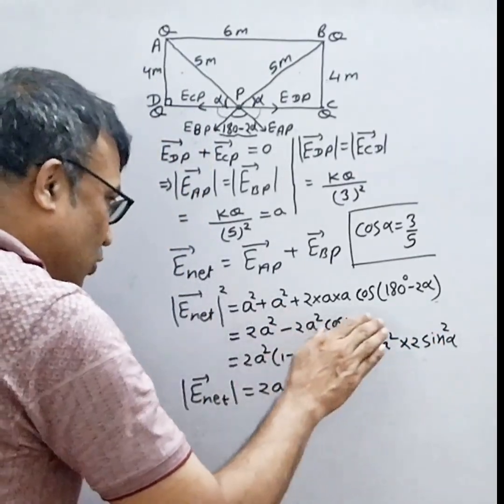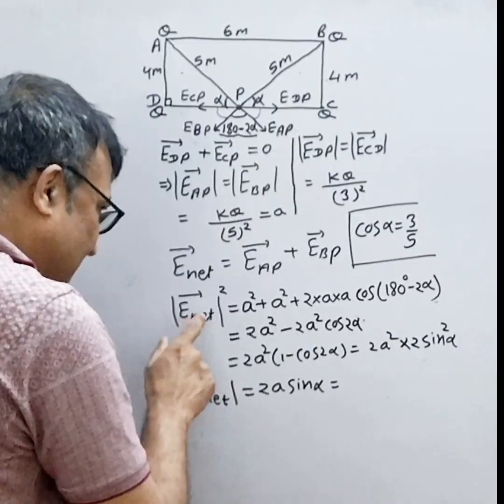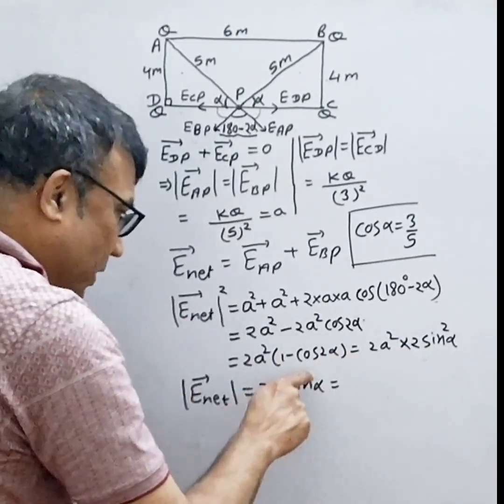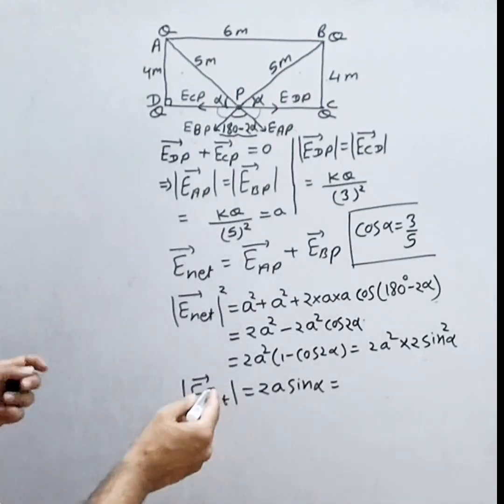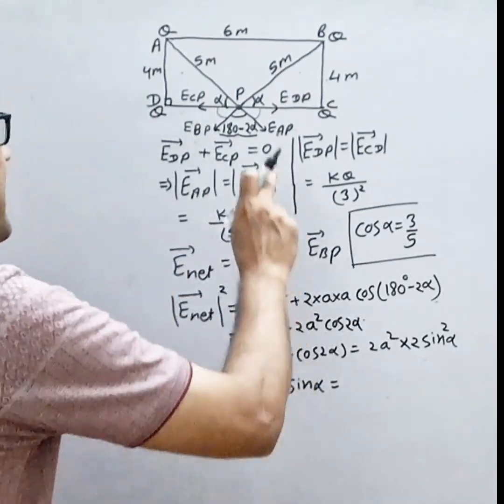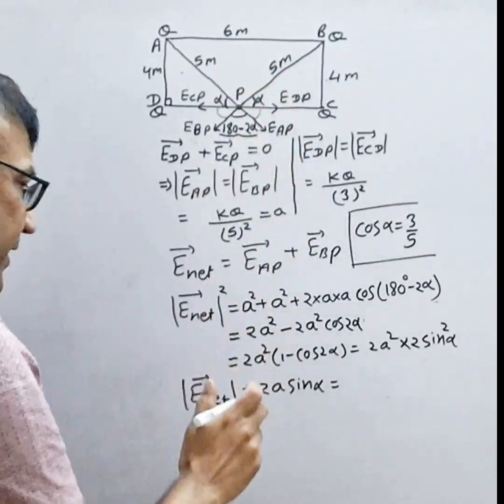Now we take the square root on both sides. On the left side we will get the magnitude of the net electric field and on the right side we will get 2A sine alpha. Now we put the values. In place of A, we put this value, and the value of sine alpha we can find out from this triangle.